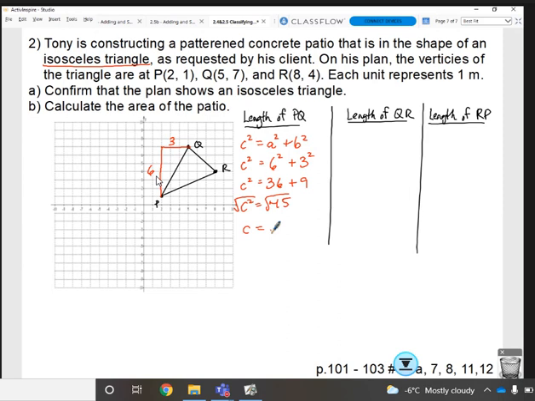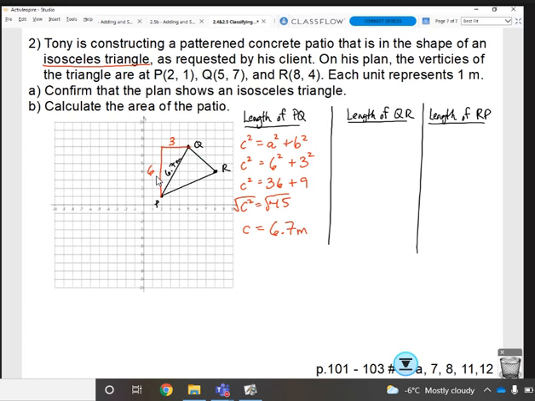Square root of 45 is 6.7. So maybe even on the graph, we can go in here and say 6.7 meters. I like to do that, but I also don't want to make a mess of my graph, but I do like to know what's going on in there, for sure.